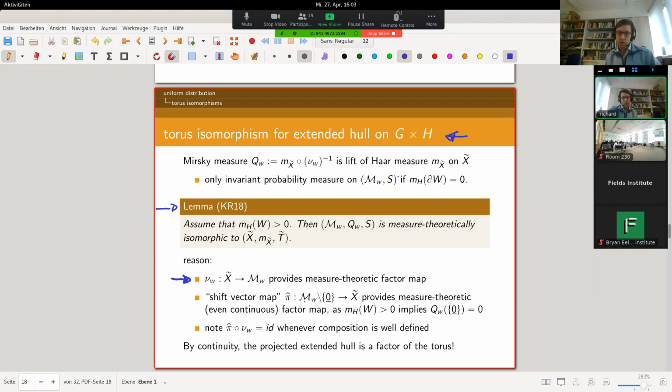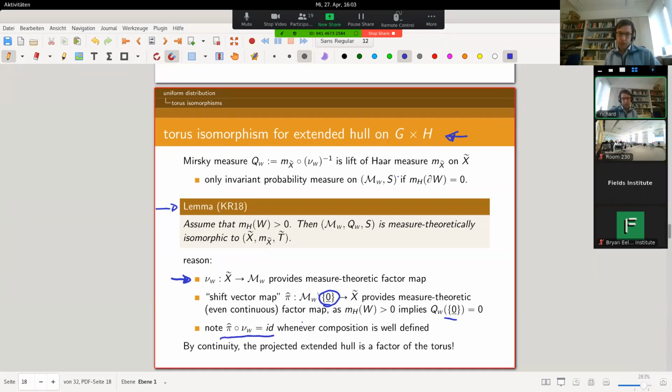And this is also a measure theoretic, even continuous, factor map, and having the zero coordinate in principle poses no problems, because this is only a zero measure set by assumption on the density of the model set, or on the positive Haar measure of the window. And these two maps are mutually inverse, and this is it.